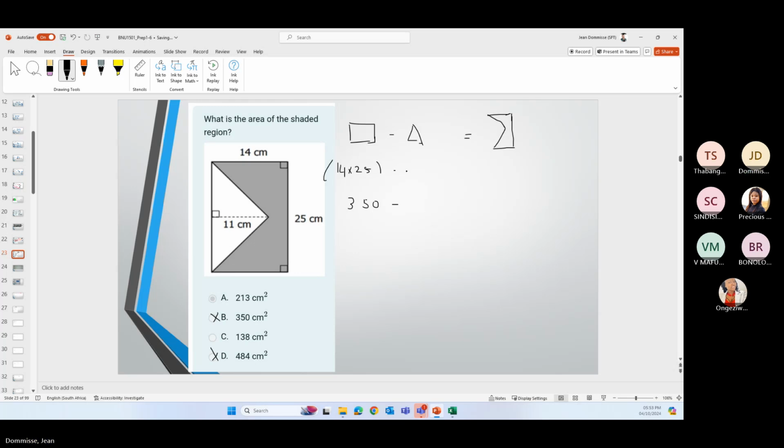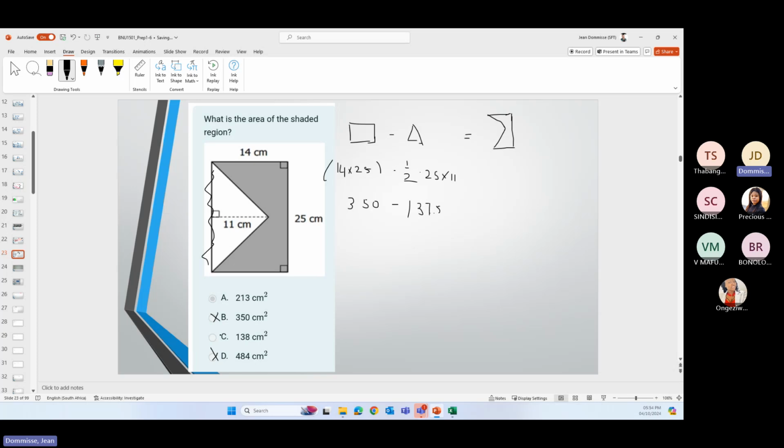Then the triangle is half base times height. So again, we know this length is 25 and that's the base. And they give us that height of 11. And so that is the triangle, 25 times 11 times 0.5, which is 137.5.